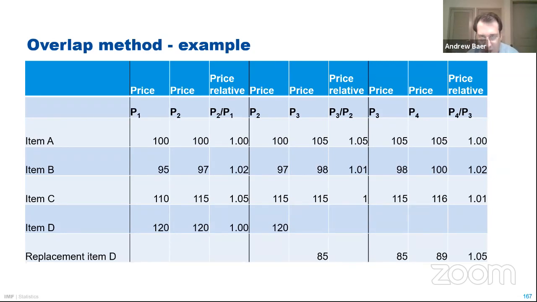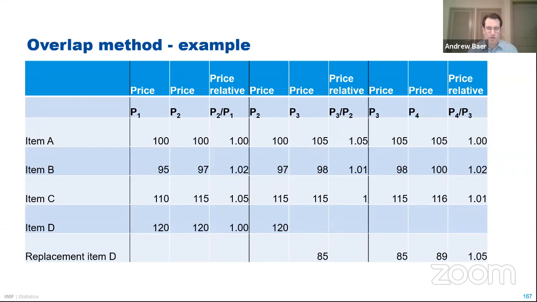Ideally, what we would want is that we would have a price for the replacement item D in period 2. Because if we had, let's say, the replacement item D was also sold for 85 in period 2, then we could overlap the new product in period 3, and we would have a price relative for the item in every single month.